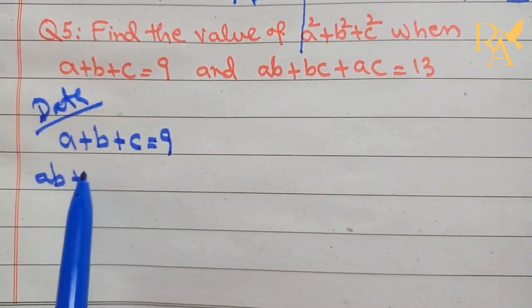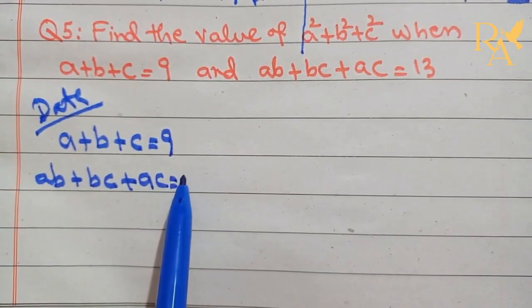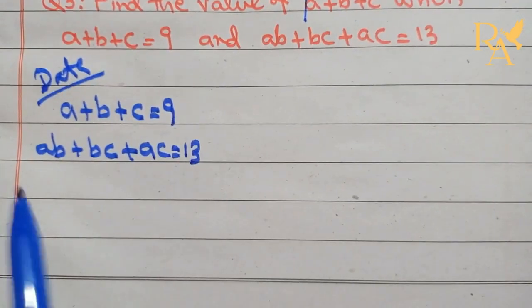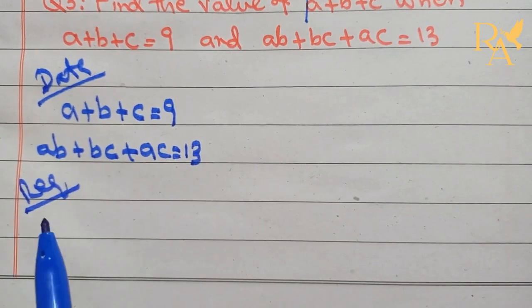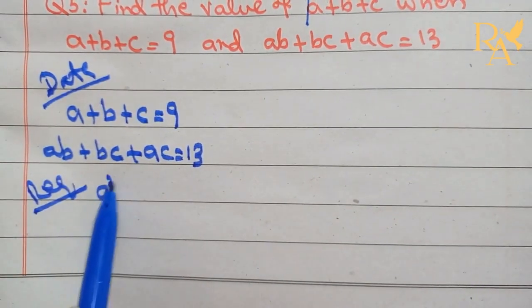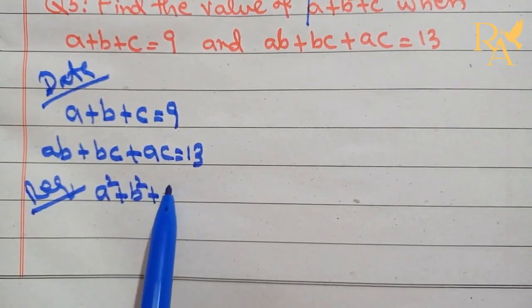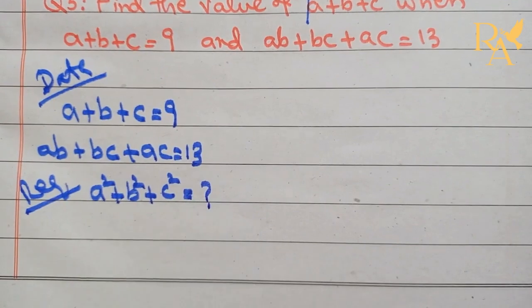AB plus BC plus AC is equal to 30. This is the given data. And what is required? The required value is A square plus B square plus C square. We have to find the value of this.